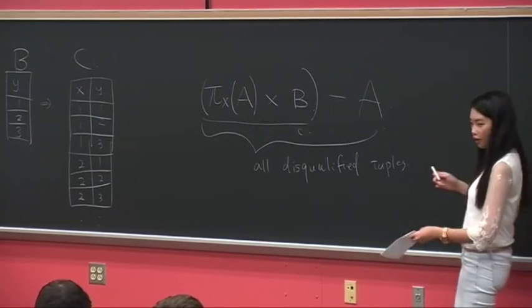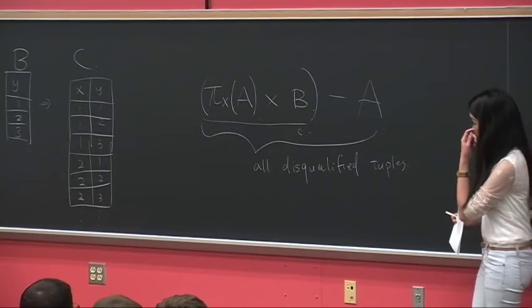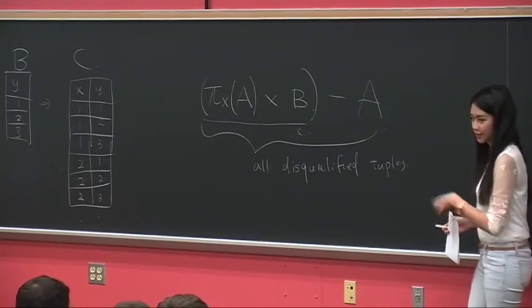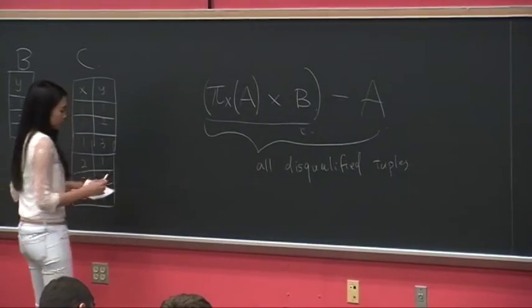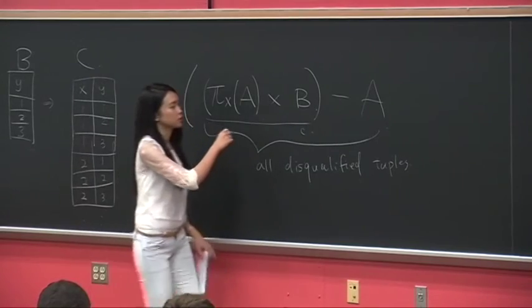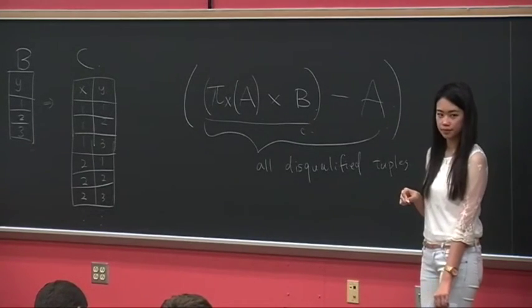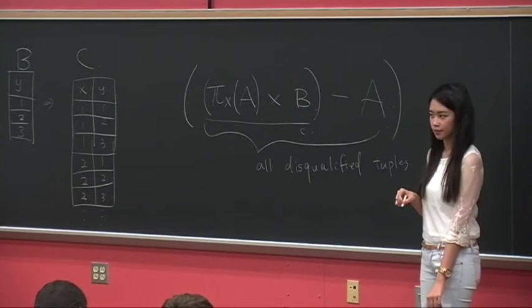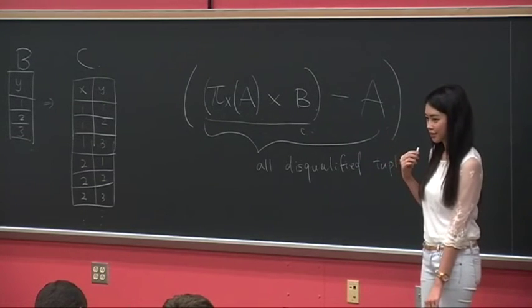If we recall, our goal is to get the ones that A has. So what do you think we will eventually do? Now we get the disqualified ones. We want the ones that are in A.